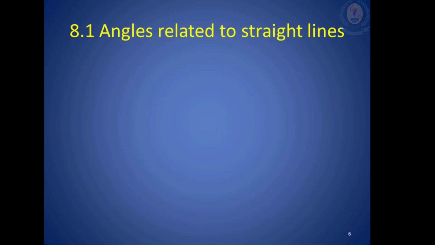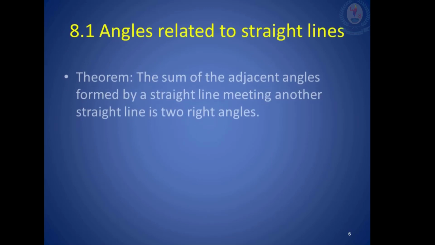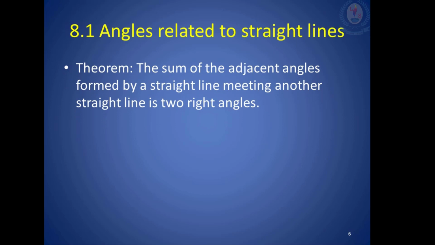Let's see angles related to straight lines. Theorem. The sum of the adjacent angles formed by a straight line meeting another straight line is two right angles. Now you can see an example here.